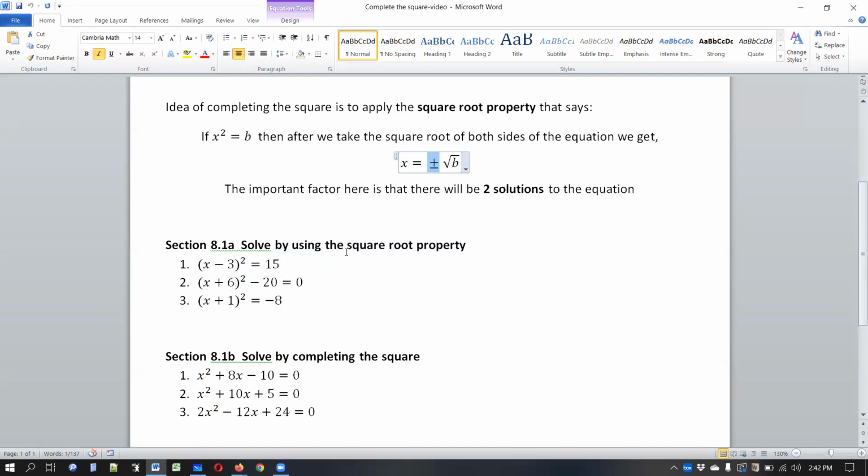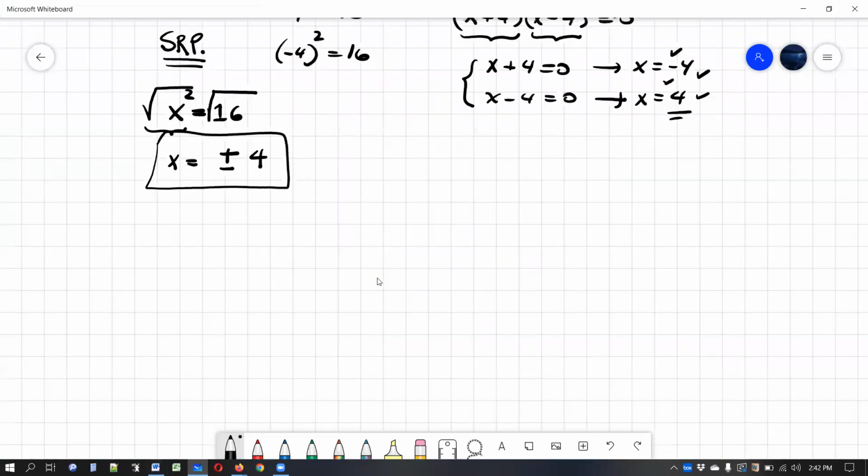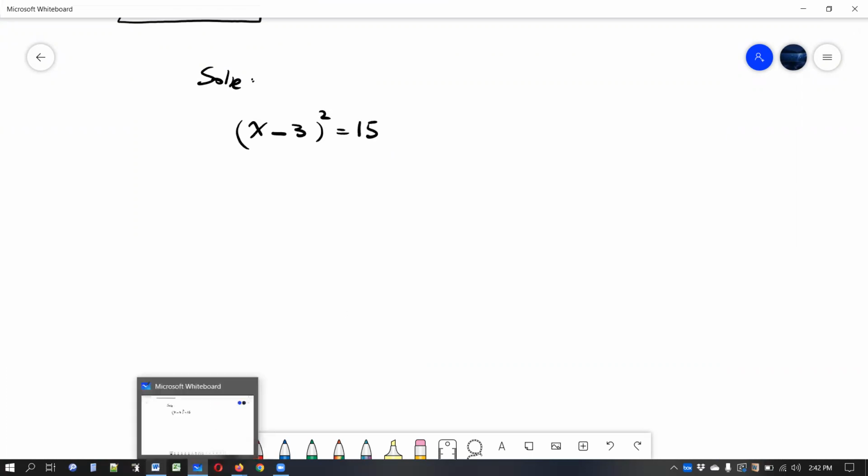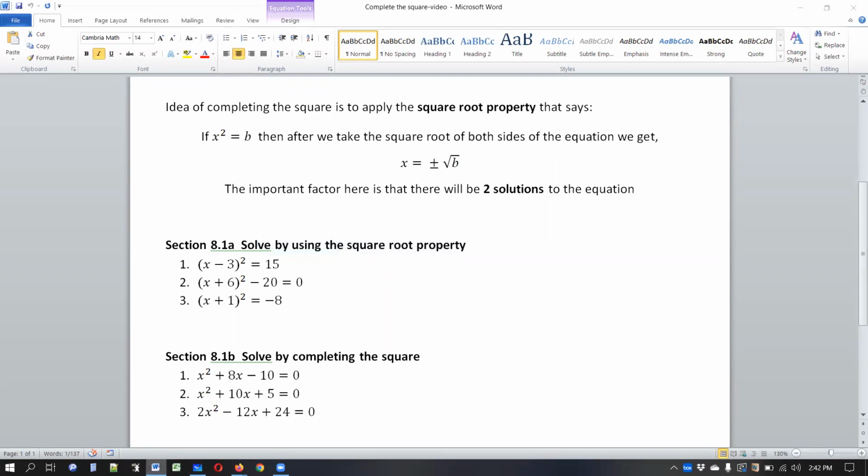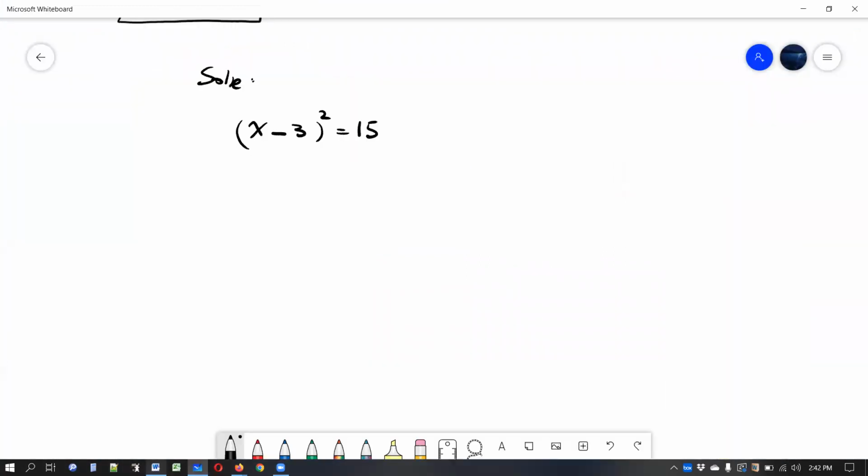I'm going to do the first problem, x minus 3 squared equals 15. So these will be all under solve. x minus 3 squared equals 15. Let's just make sure that this is the problem. x minus 3 squared equals 15. Yes, that's it.